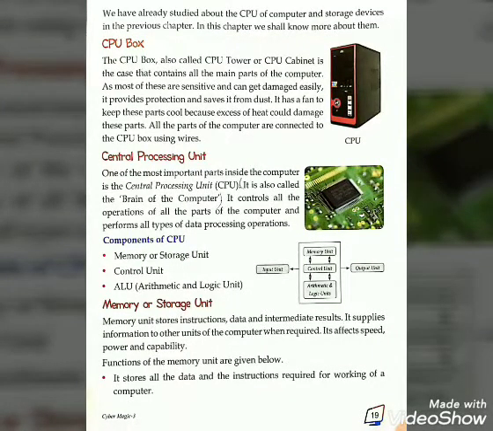Here, first of all, we are going to start the revision of the CPU box. What is the CPU box? The CPU box is also called the CPU tower or CPU cabinet. You can see the picture of the CPU as shown on your screen. The CPU cabinet is the case that contains all the main parts of the computer.